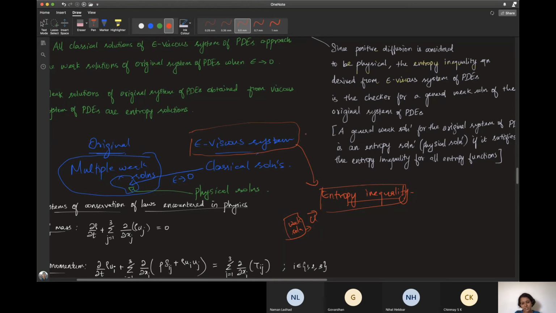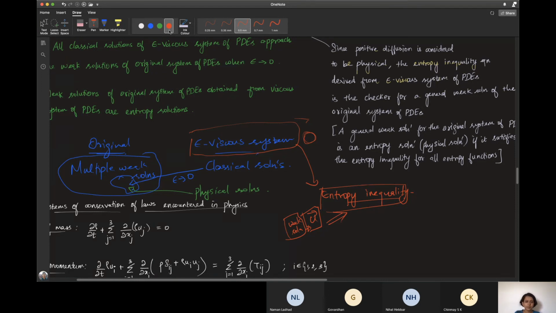The epsilon viscous system has positive diffusion, so that is considered to be physical. So we need not go and see whether there is an epsilon viscous system of PDEs which has a positive diffusion coefficient. It is enough to just check whether your weak solution U vector satisfies this entropy inequality.